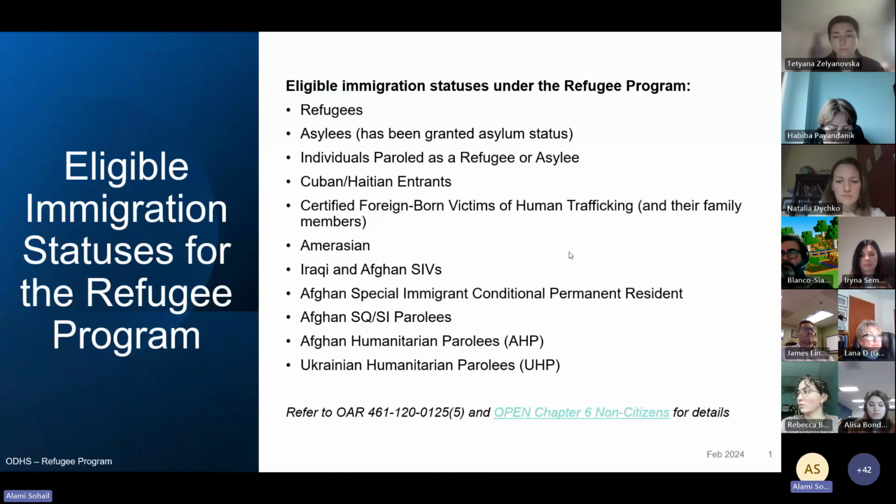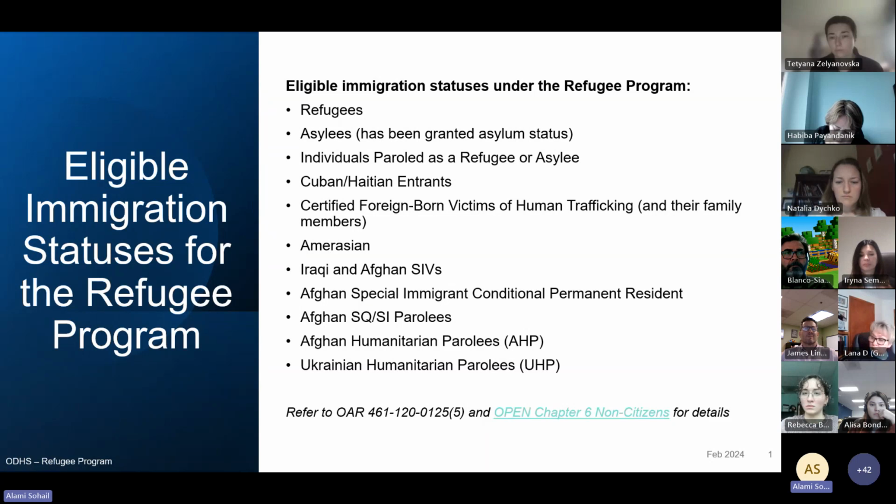So let's dive into it. One thing I need to refer to: there's a rule, an OAR, that you can always reference to see if somebody is eligible or not for ODHS benefits. And then there's also the OPEN, which is the Oregon Program Eligibility Notebook.